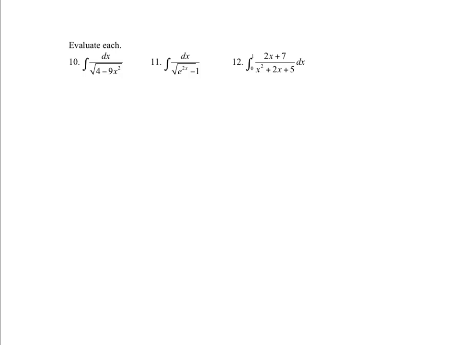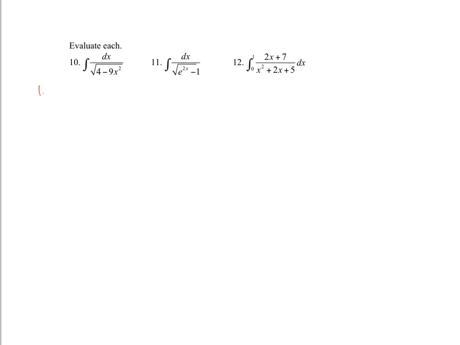So for number 10, we've got the integral of dx over root 4 minus 9x squared. We need to write this in a form that we can recognize. I'm going to go ahead and do it showing all the steps right now.